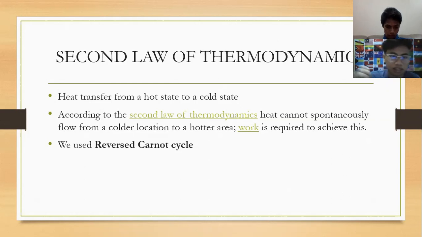Then at this high temperature, the refrigerant rejects heat isothermally in the amount of higher heat. Also during this stage, the refrigerant changes from a saturated vapor to a saturated liquid in the condenser. Lastly, the refrigerant expands isentropically until its temperature falls to that of the low temperature source. So that's all for the second law of thermodynamics.